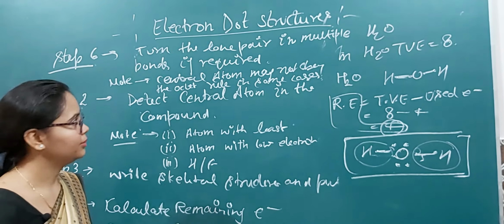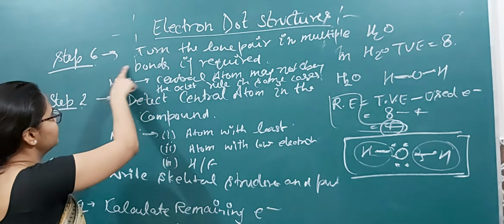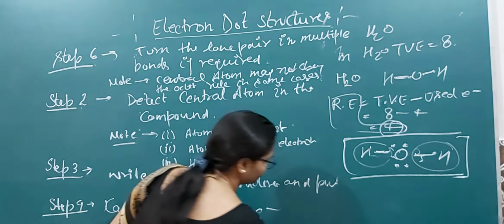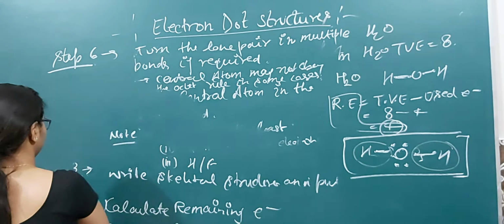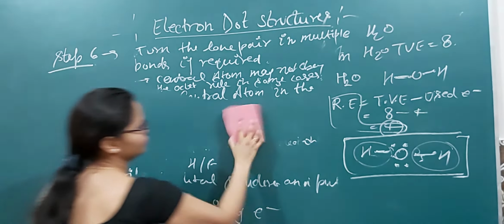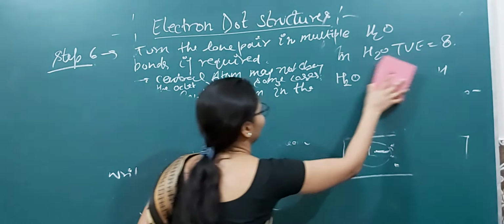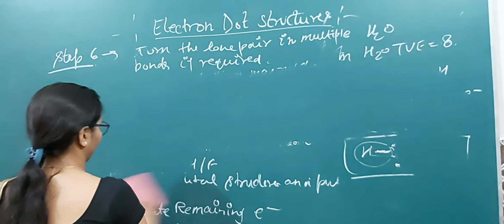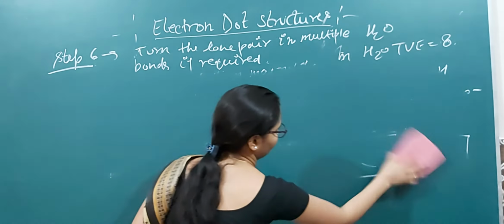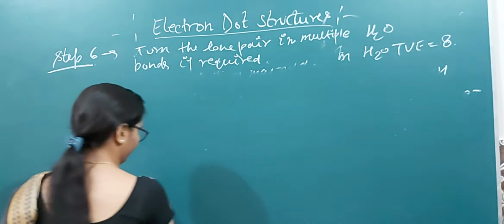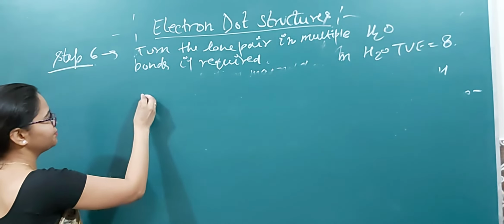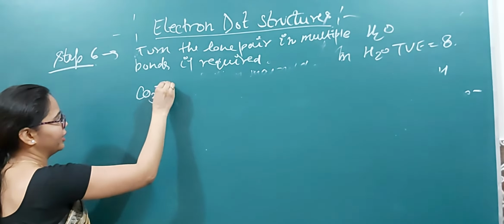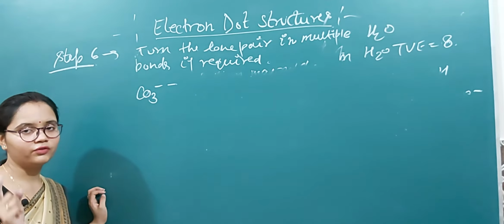Okay, I am taking another example in which I can use this 6th point also. For example, let's talk about the carbonate ion. As I told you, what was the first step?